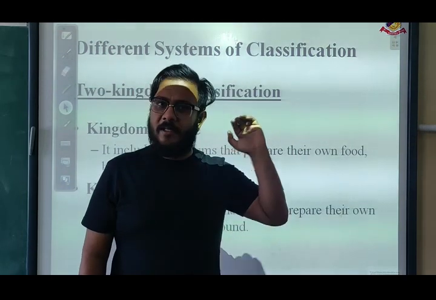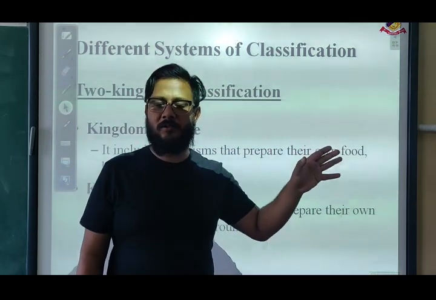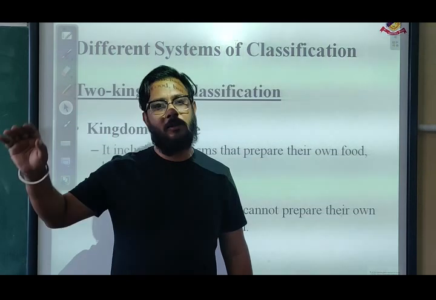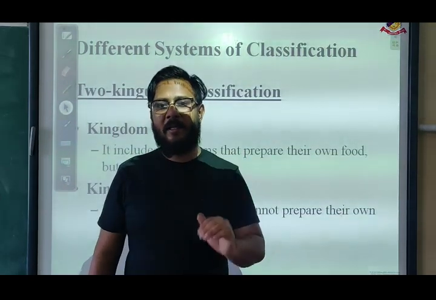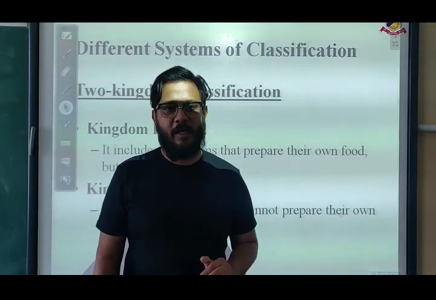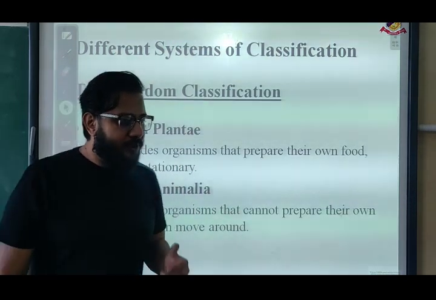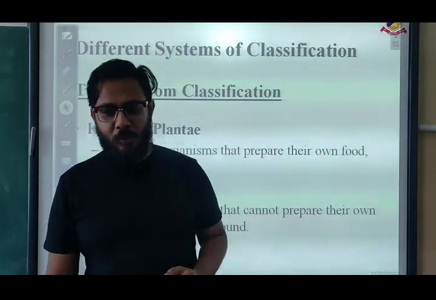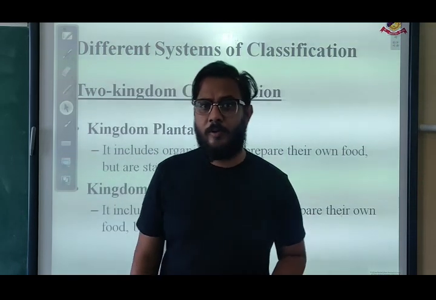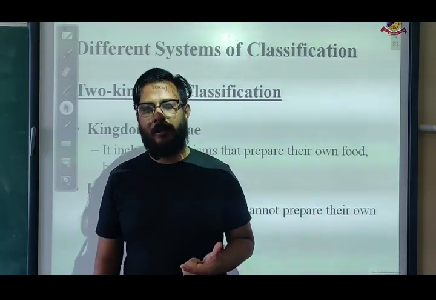Why? Because Plantae sounds similar to plant, Animalia sounds similar to animals, and they talk about the same thing. In the previous chapter, we talked about heterotrophs and autotrophs, right?